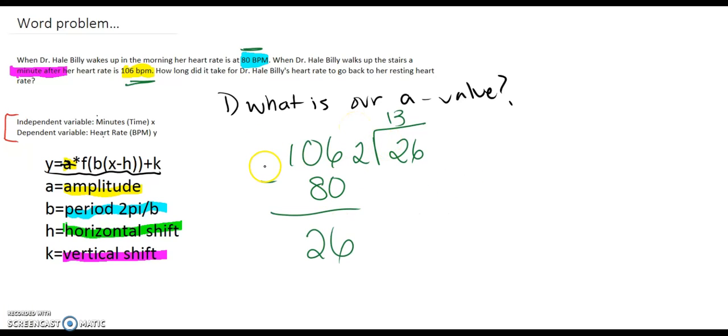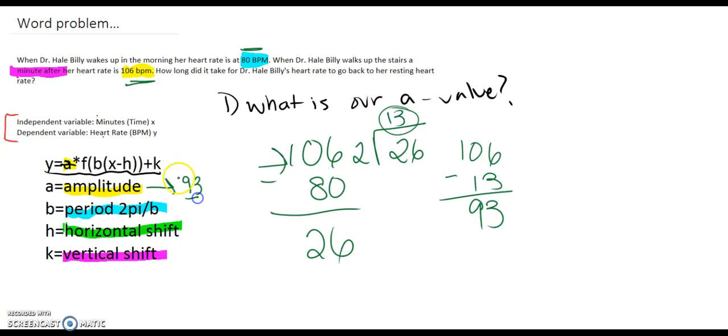After we get that, we take our maximum point once again, 106, and then we take that value, which is 13, and then for our amplitude, we get 93. So our amplitude is 93.